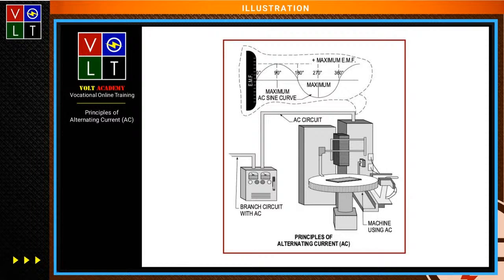The value of alternating current is zero at 0 degrees, the maximum in one direction at 90 degrees, zero at 180 degrees, maximum in the opposite direction at 270 degrees, and then back down at 360 degrees to zero.